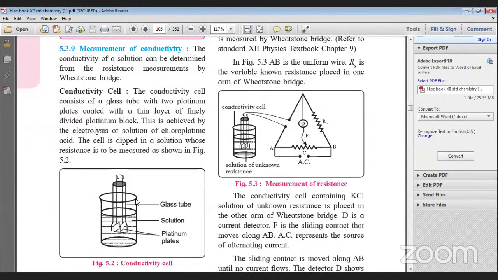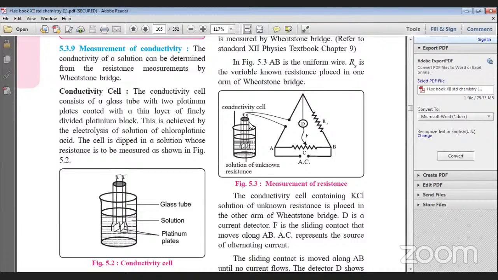This conductivity cell we have studied is placed on which side? The left hand side, and the solution whose conductivity we want to find out, that solution we will place in this conductivity cell.